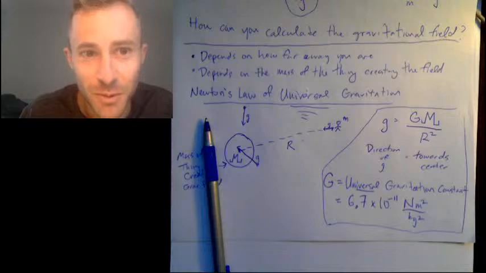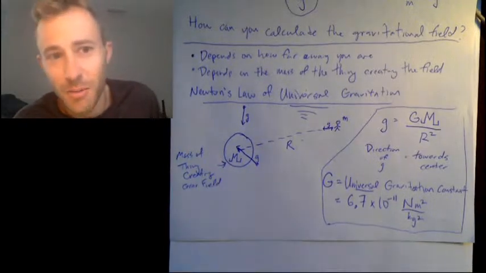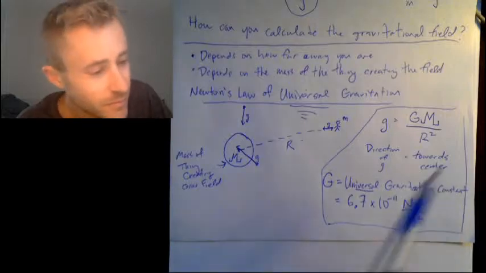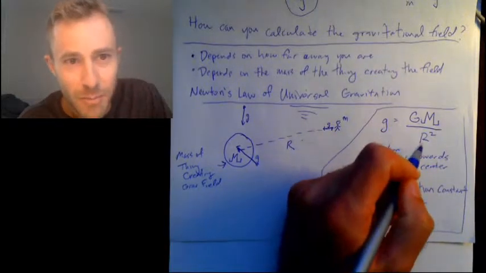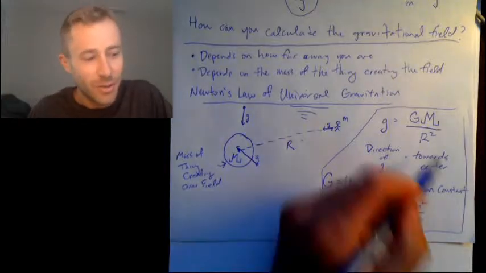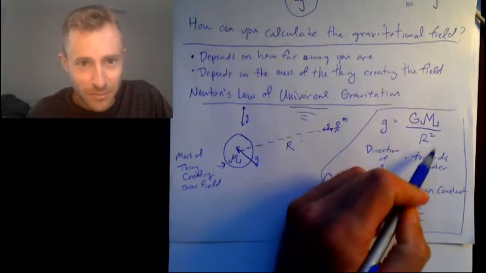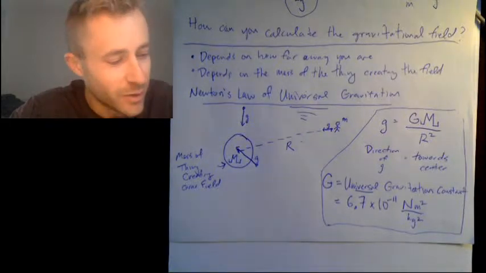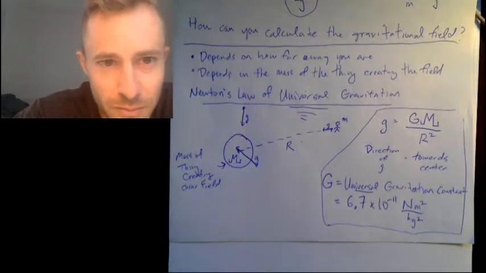Now do you feel the force of attraction?" And that would actually increase the force of attraction. Why? Because by moving from sitting across from the person to sitting next to them, you have reduced the R value, the distance between your centers, which increases the strength of the gravitational field.